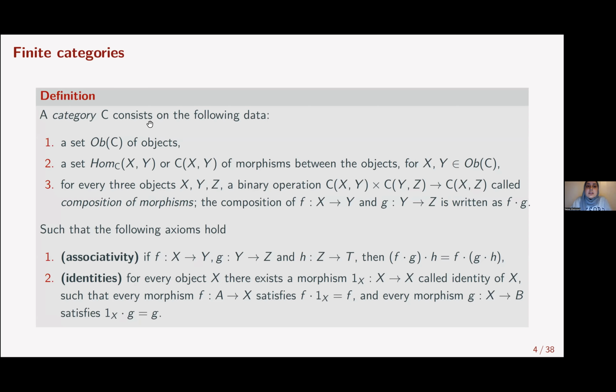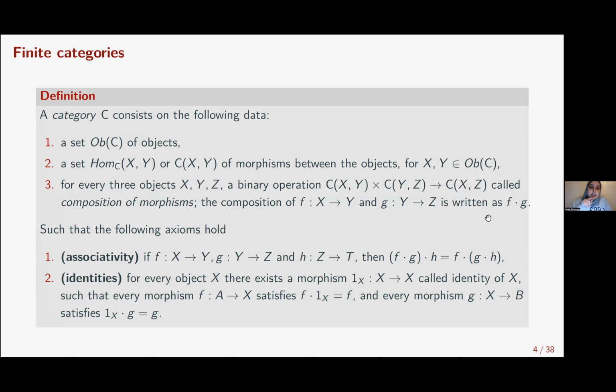So a category C consists of a set of objects that we will denote Ob(C), and a set of morphisms that link the objects together that we will call hom C of X,Y or C(X,Y), and a binary operation that we call composition of these morphisms, and we denote it by f·g.